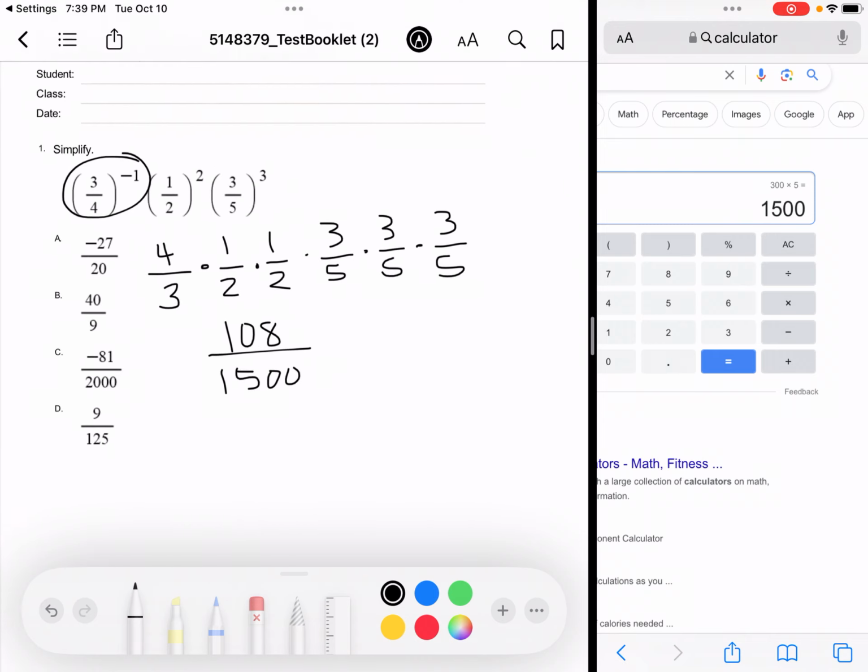Okay, so now I've got to reduce it into one of these smaller options. So I have to think, okay, what number goes into both 108 and 1,500? I'm going to guess 3 goes into 108.